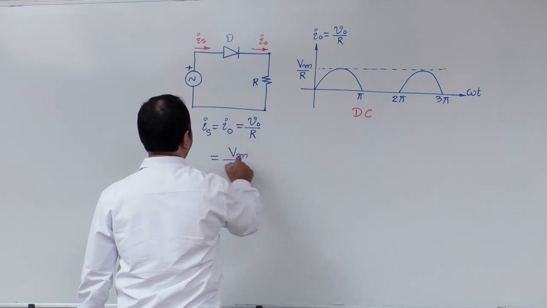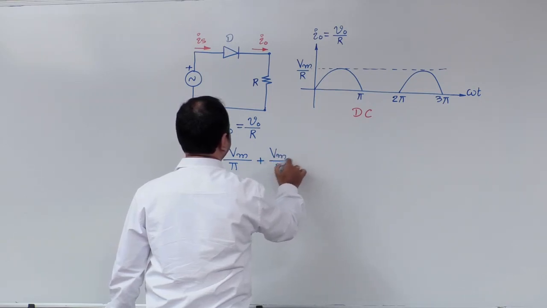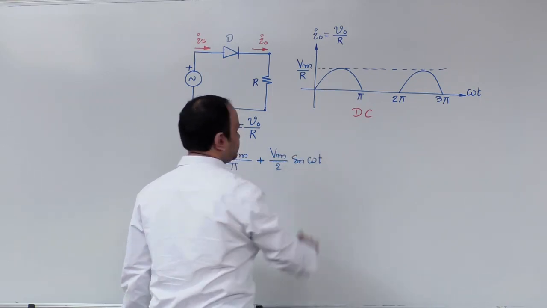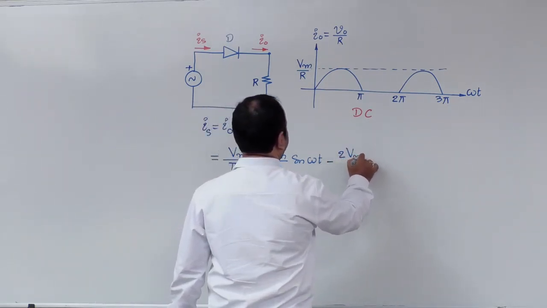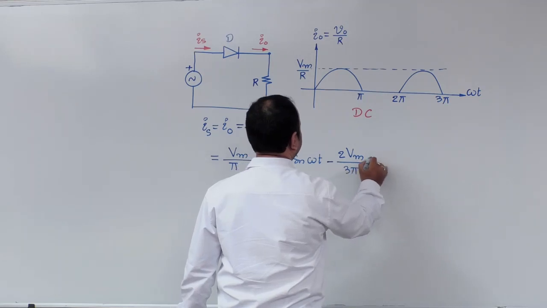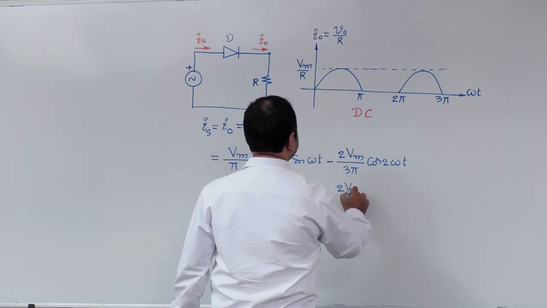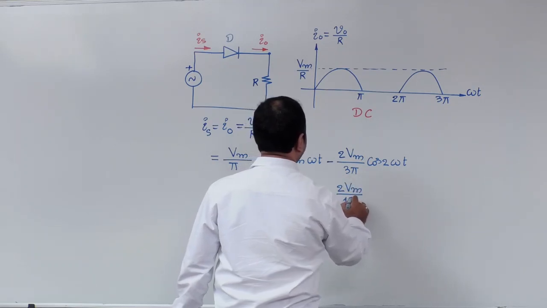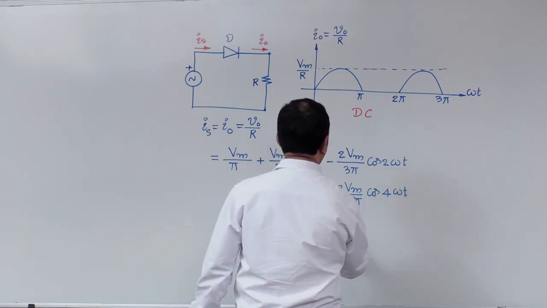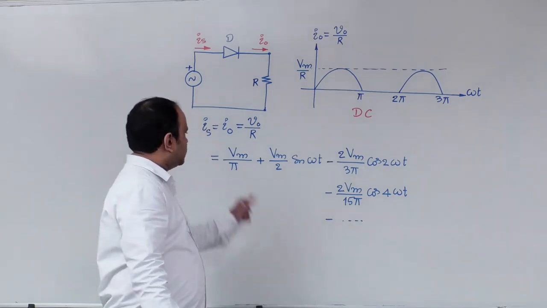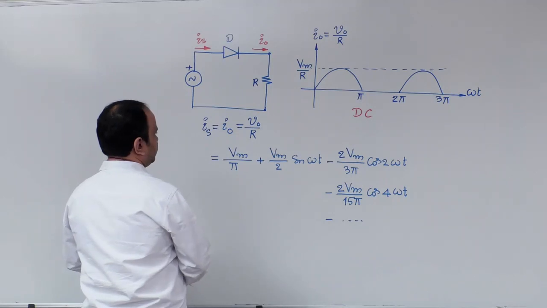That is Vm by pi plus Vm by 2 sin omega t minus 2Vm by 3 pi cos 2 omega t minus 2Vm by 15 pi cos 4 omega t and so on. This is the Fourier series expression for the V0 waveform.